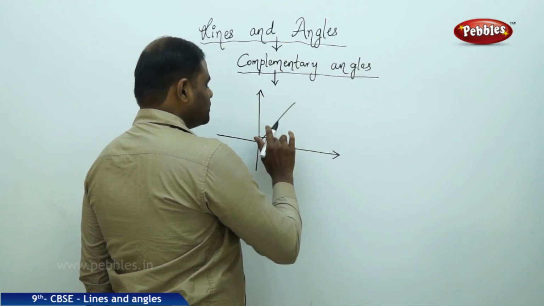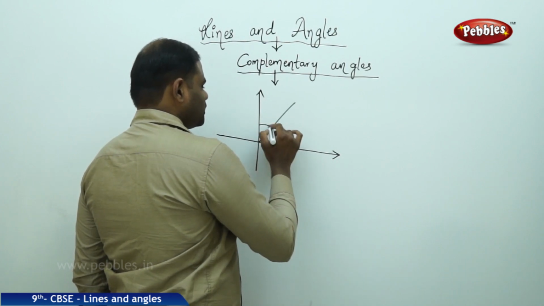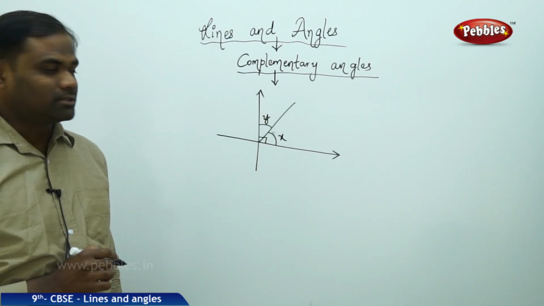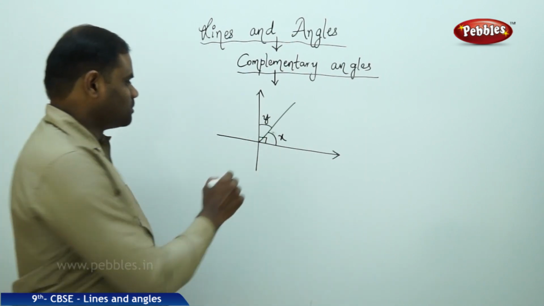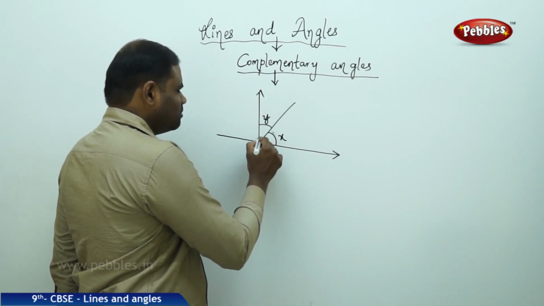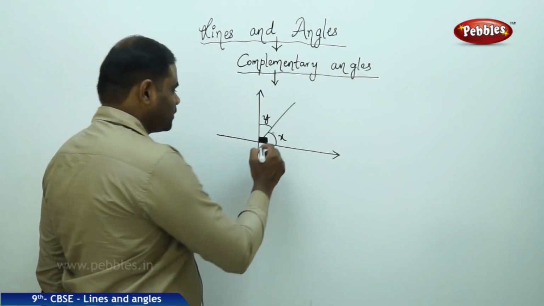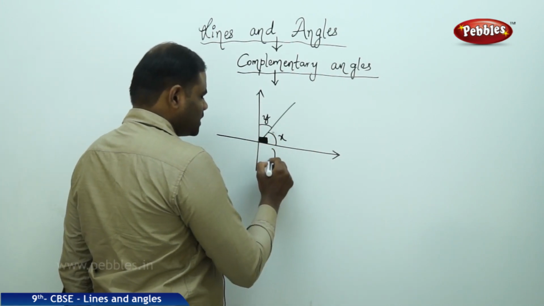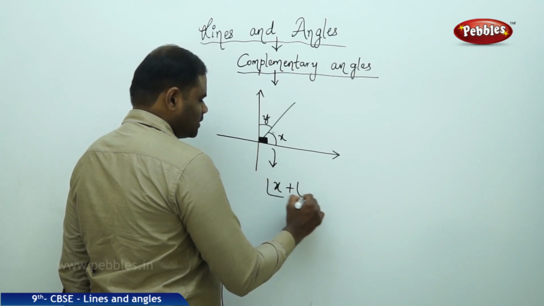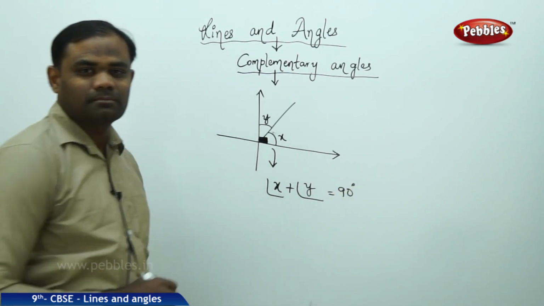There's another line which makes angles x and y with the given perpendicular lines. Now, since we know that the whole angle is a right angle, each angle being x and y, the sum would be 90. Therefore, clearly I can see from this diagram that angle x plus angle y equals 90 degrees.